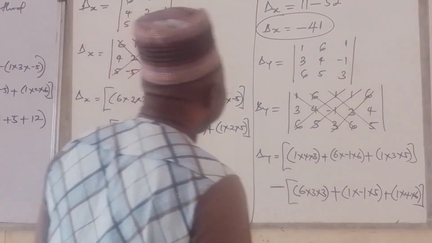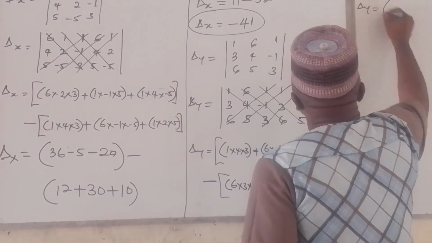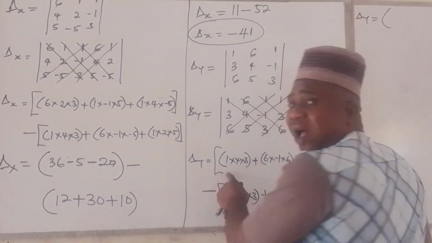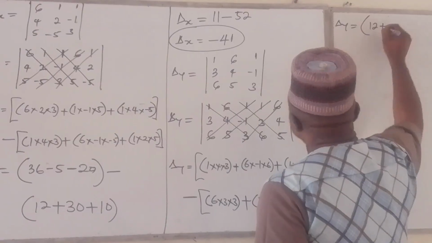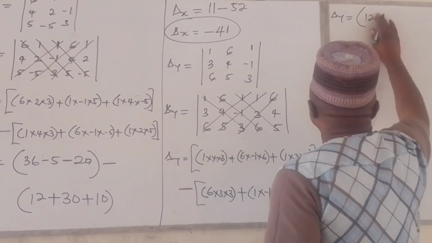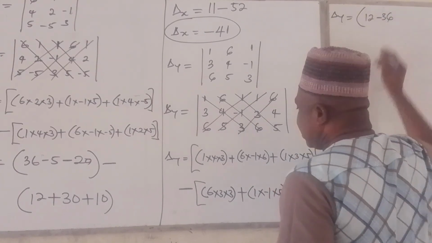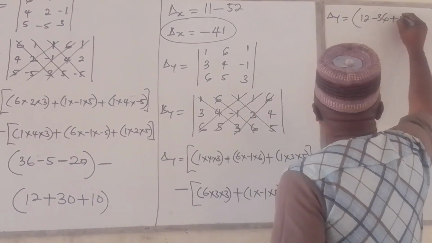So it means the determinant of y will be equal to: 1 times 4 times 3, that's 12, plus 6 times minus 1 times 6, that's minus 36, plus 1 times 3 times 5, that's 15.